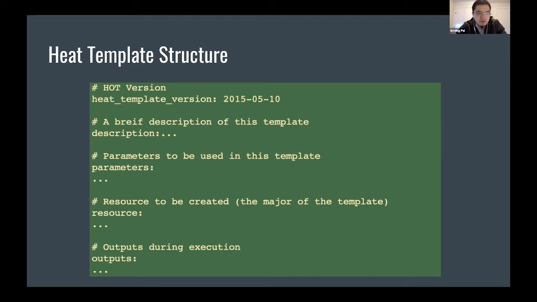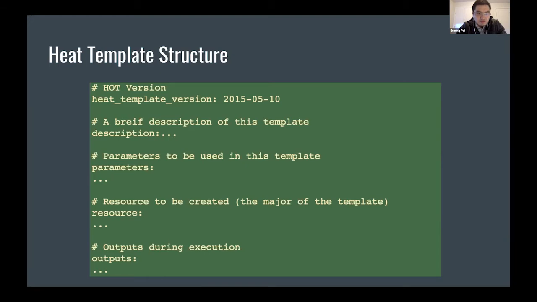If you get familiar with the heat template, you will know this version has so many functions, and some new versions may have some new functions. Next will be a description of this template. What's the purpose of this template? And then parameters to be used in this template.